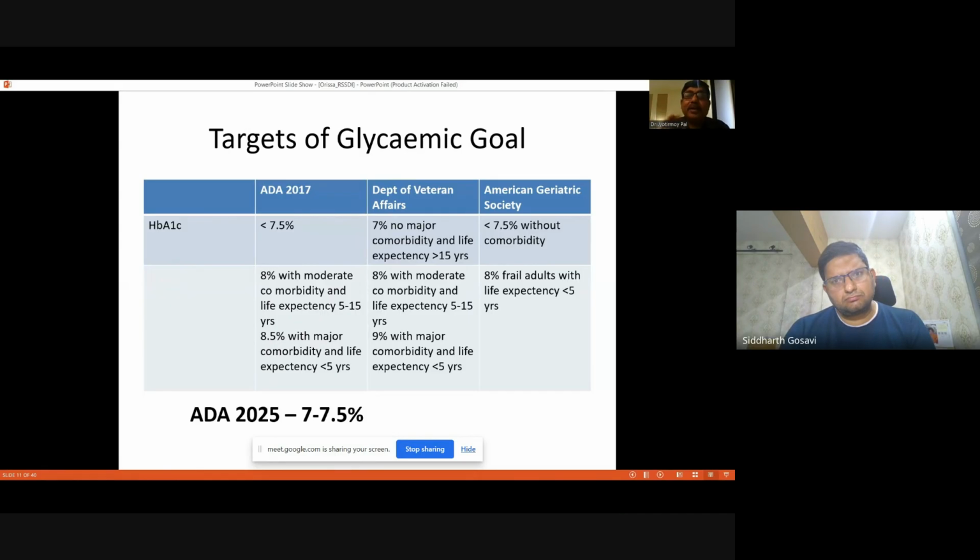But if the patient has a major comorbidity or life expectancy is very short, then the target goal depends on the physician. The physician will decide how much blood sugar control is required for that person. Ordinarily, fasting between 100 to 160 and postprandial between 110 to 200 is considered optimum for these patients because of the prevention of hypoglycemia: the patient's awareness is low, the caregiver may not be adequate, and the patient may not have the capability of self-monitoring.